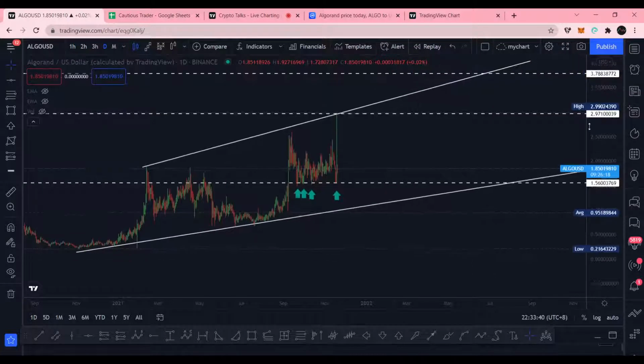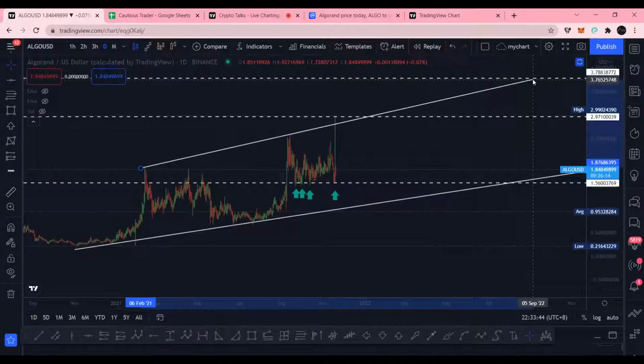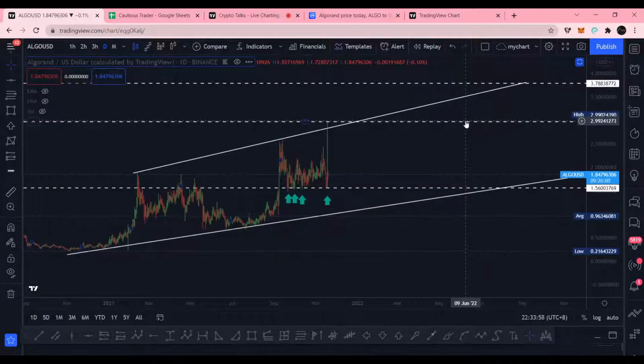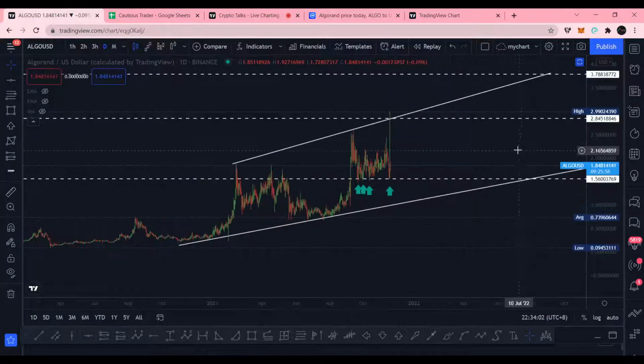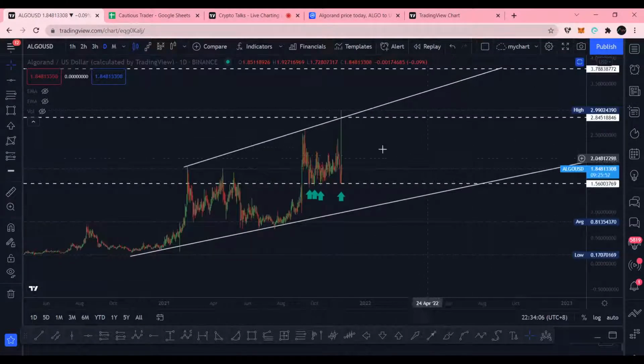Well, actually, I'm gonna use this one. Yeah, I'd rather use these two highs here. So on that note, I'll just adjust it here, which is more or less 2.85, still my target area.